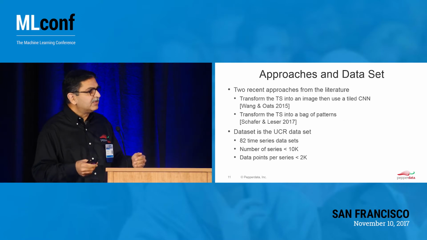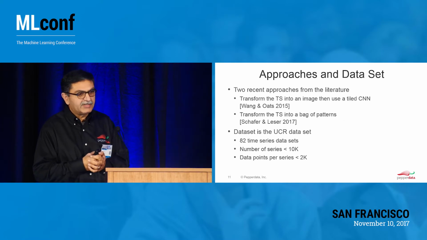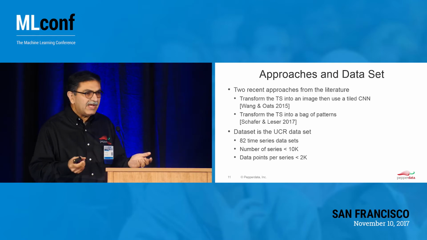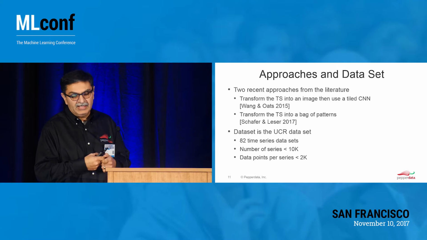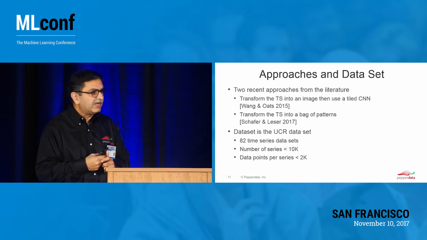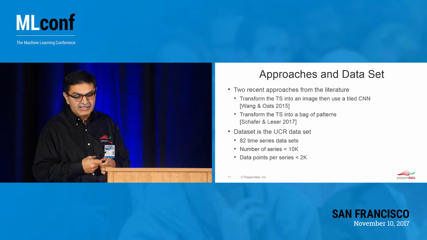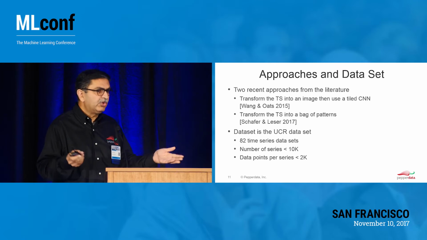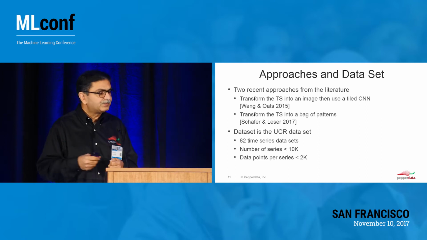And almost everybody deals with one data set, which is called the UCR data set. It consists of about 82 time series, and the largest one is about 10,000. I think it's 8,500 to be precise, with fewer than 2,000 data points per series. So it's actually fairly toy compared to the stuff that we're dealing with.